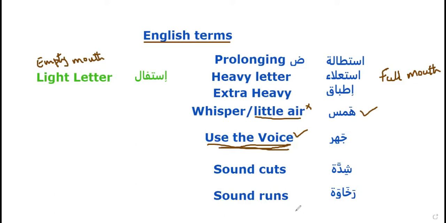Say bismillah. Give proper time to seen, because seen has rakhawa, which means the sound runs. So give it time to run, okay? Bismillah. All right? So that's one thing.